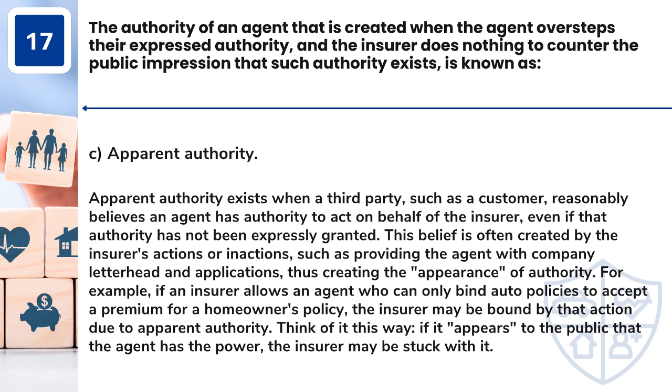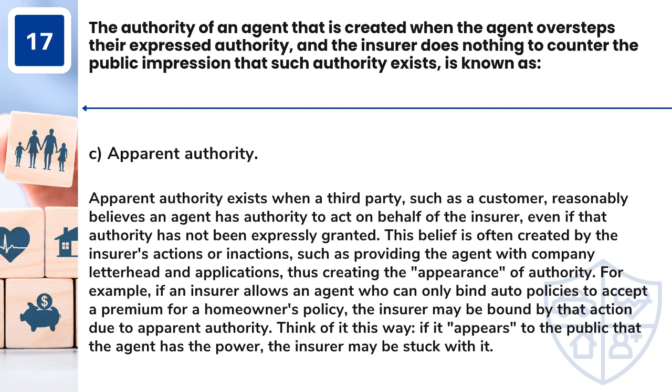Answer: C. Apparent authority. Apparent authority exists when a third party, such as a customer, reasonably believes an agent has authority to act on behalf of the insurer, even if that authority has not been expressly granted. This belief is often created by the insurer's actions or inactions, such as providing the agent with company letterhead and applications, thus creating the appearance of authority.